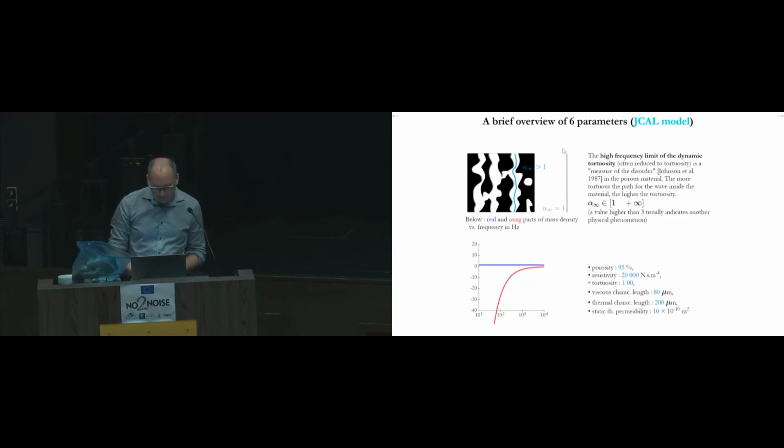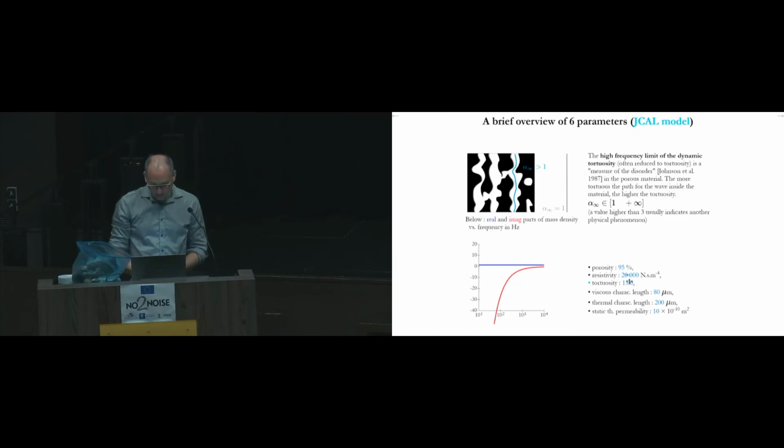In fact, this value of alpha infinity goes to 1. 1 is when you have a straight cylindrical pore. When you have a tortuous path through the porous material, this value is larger than 1. The more tortuous it is, the higher is alpha infinity.